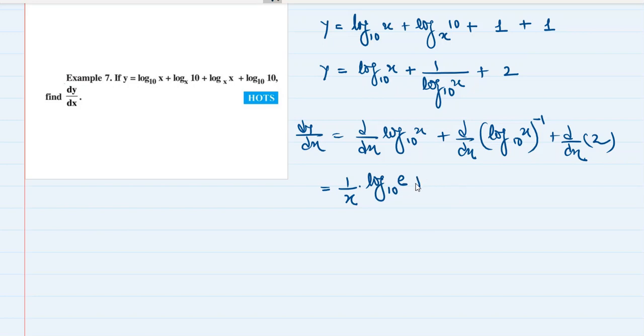Okay. Here you are going to apply chain rule. So first you are going to treat it as x raised to minus 1.